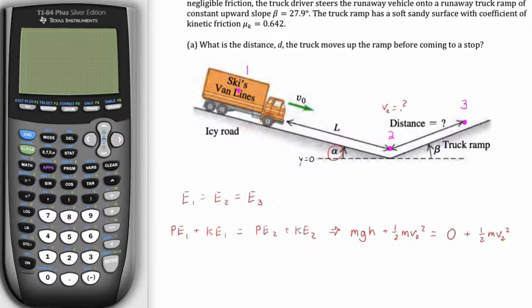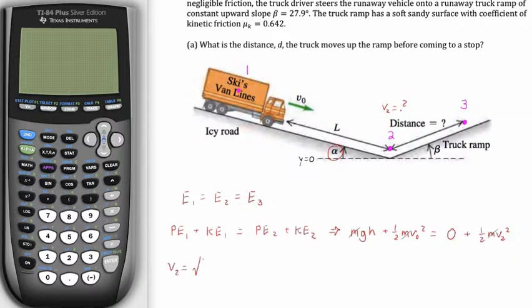What that's going to look like, well, we can cancel out our m's because they're in each of the terms. It's good to be cognizant of when you can and can't do that, or when you should expect to be able to cancel out the mass, and when you shouldn't. Always something you should be thinking of.